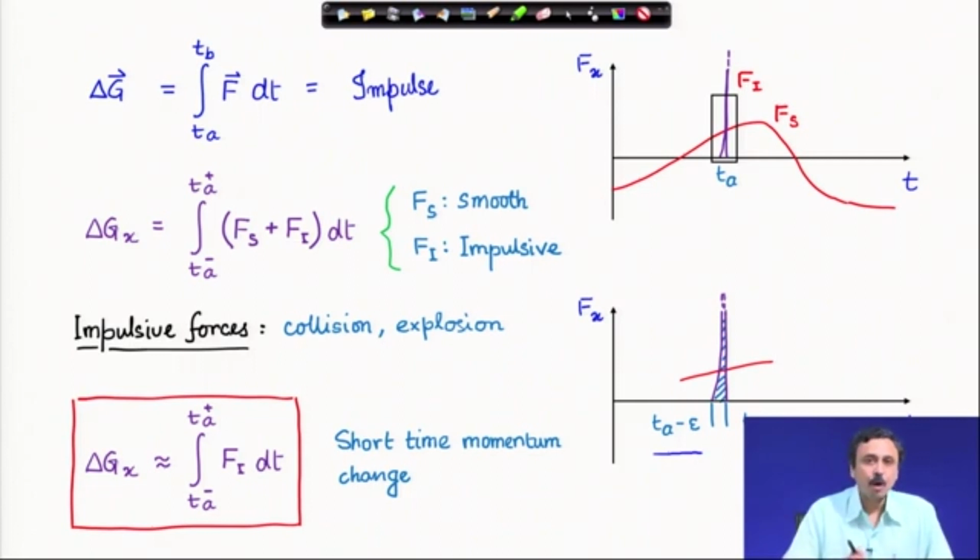Therefore, the change in momentum of the particle will come only from the impulsive force. The smooth forces do not contribute appreciably, but remember, this is over a very short time interval.